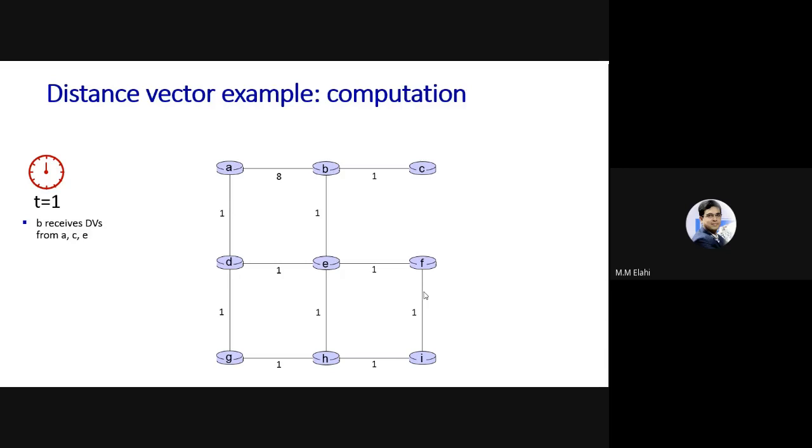So for B, the initial distance vector was B to A, 8, B to E, 1, B to C, 1, right? And for all other nodes, it will be infinite. Can you follow me? For the initialization vector, it's simply the directly connected information. All other nodes will be infinite.